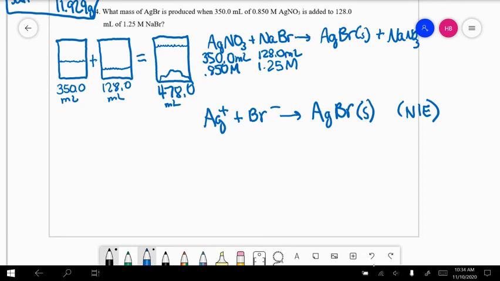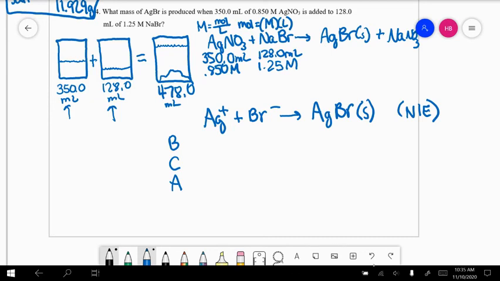I'm going to do a BCA chart, so I want to get moles. So before anything happens in these beakers here, I can take the moles per liter and multiply them by the liters to get the moles. So remember, big M is moles per liter. So in order to get the number of moles, you'd want to multiply the molarity times the liters.